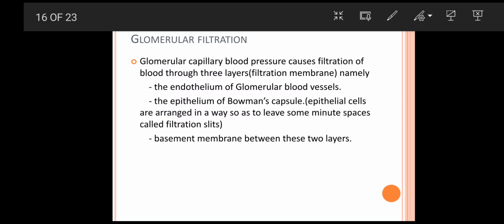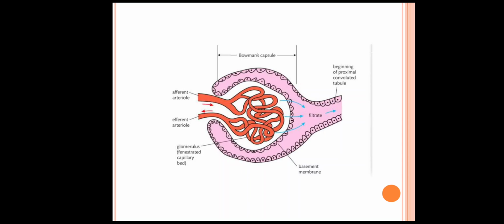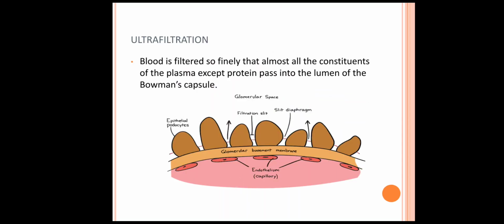Now we can see that here there is a basement membrane. So what happens is blood is filtered so finely through this filtration membrane that except the protein, all constituents of the plasma pass into the Bowman's capsule lumen.